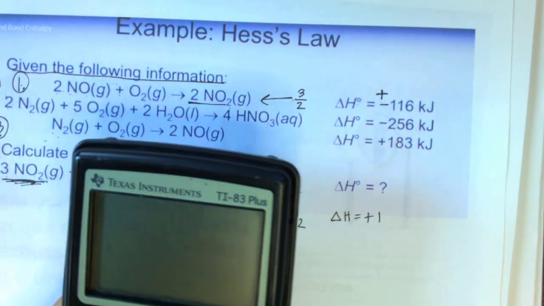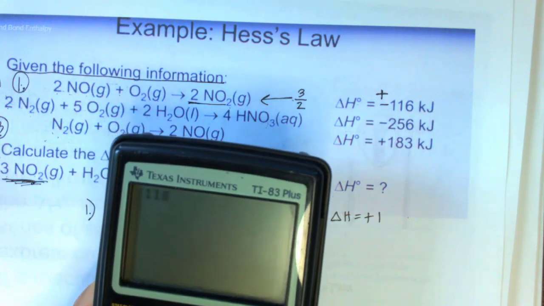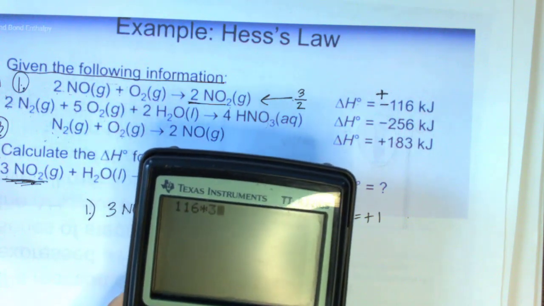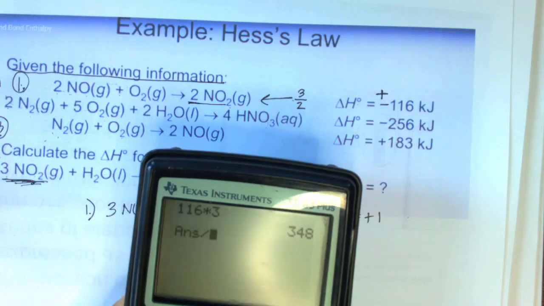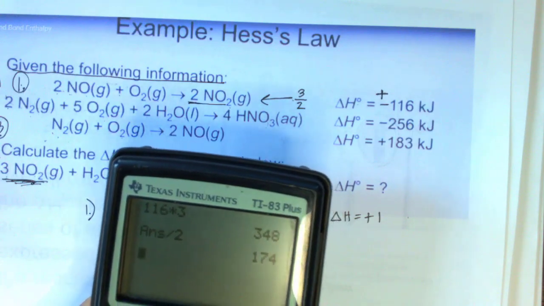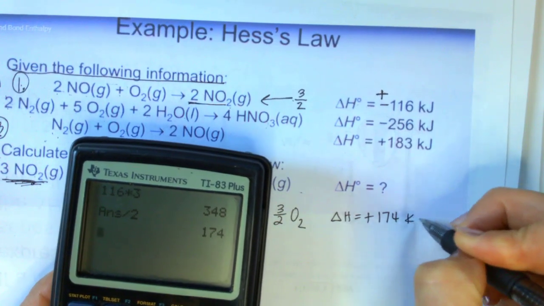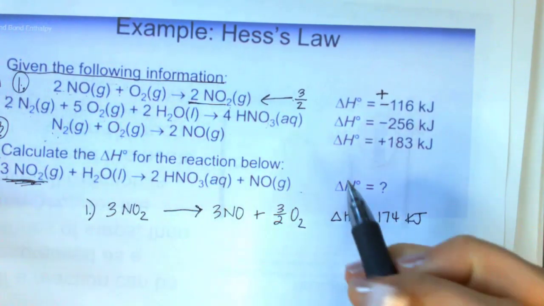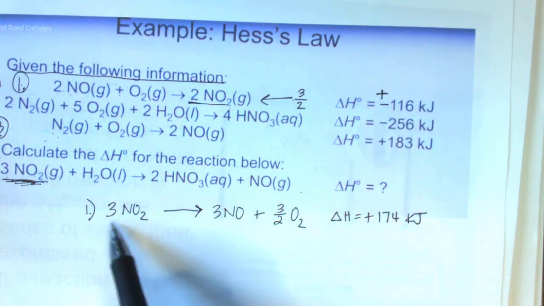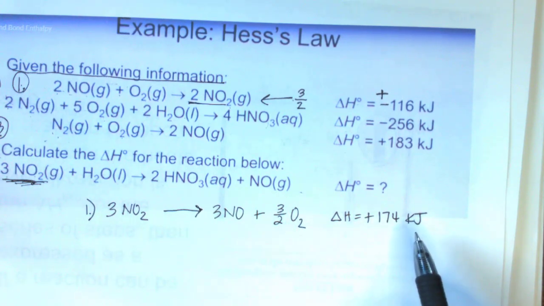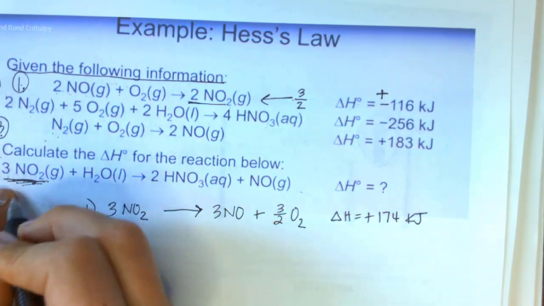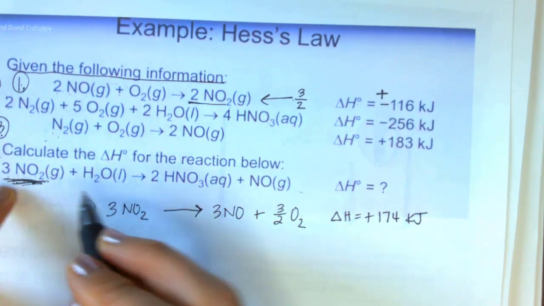So let's do 116 times 3 divided by 2. So my delta H is plus 174 kilojoules. Remember, whatever we do to the 1, we have to do it to all of the pieces of that elementary reaction. Okay, so we have the first part of our target equation done.